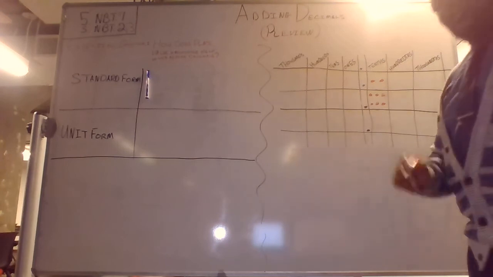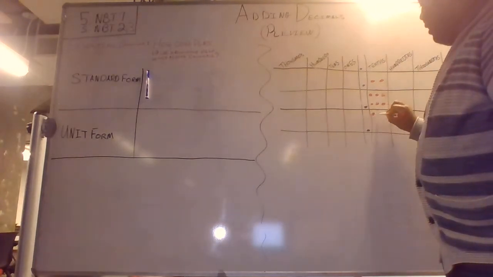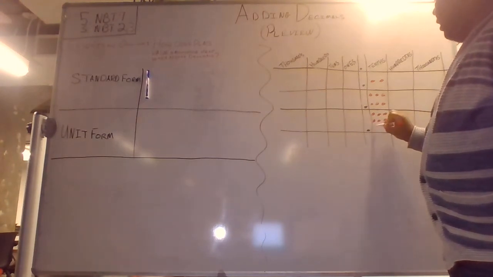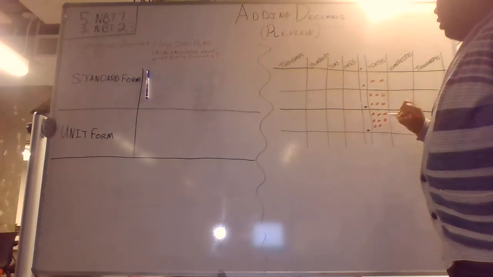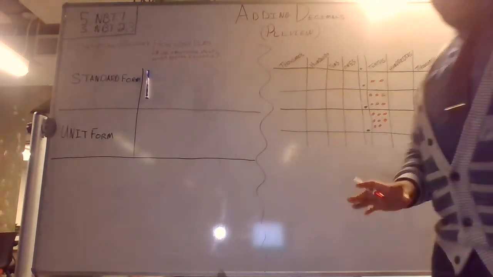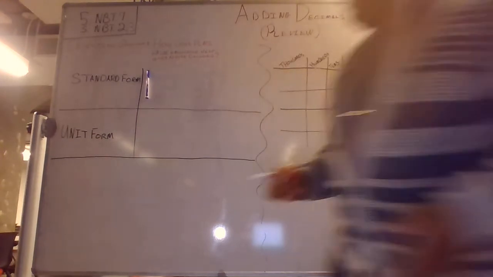All right. If you said 8/10, you are correct. 2/10 plus 6/10 is 8/10. Now, let's look at this in standard form so we'll know what we're actually working with today.